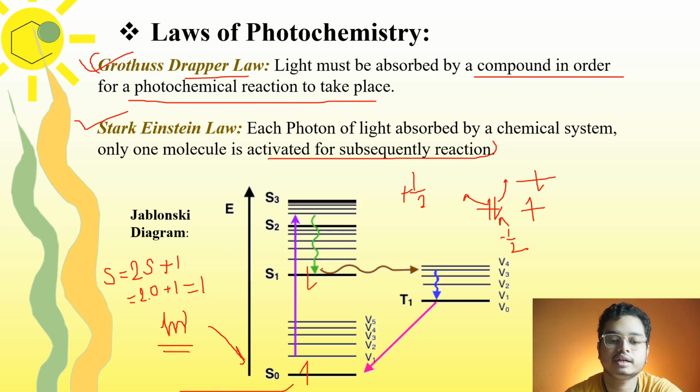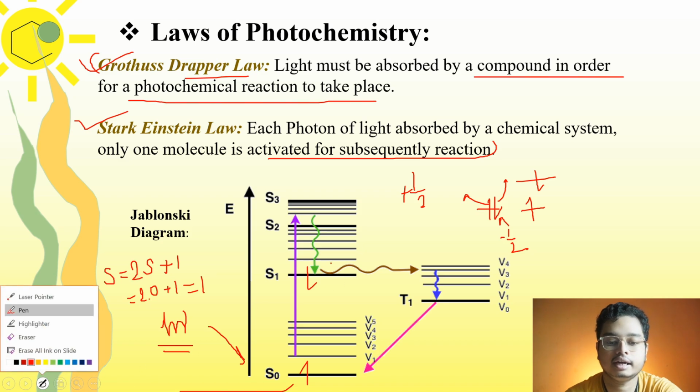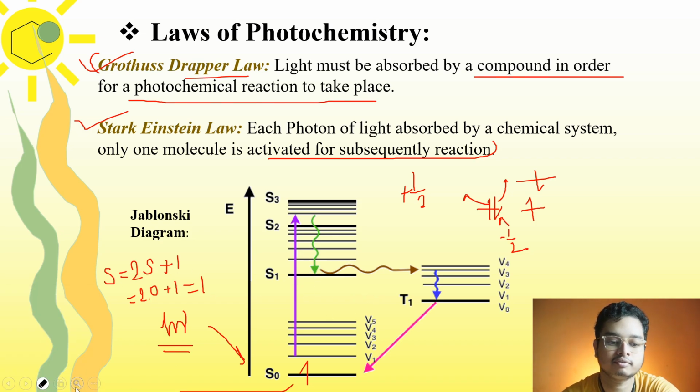However, when it shows intersystem crossing, the excited electron has its spin flipped. Since it is now flipped, it will look like this, so both spins have the same direction. Since both are in the same direction, both are now plus half.